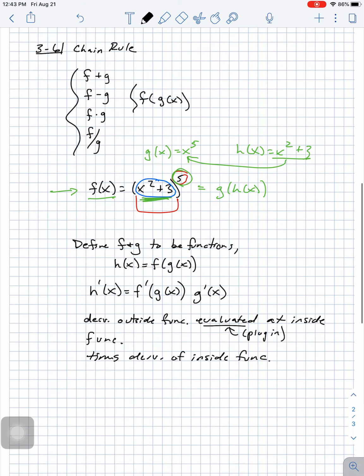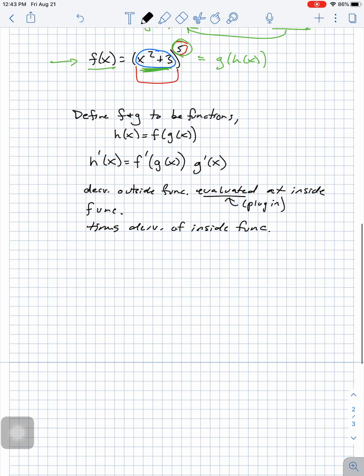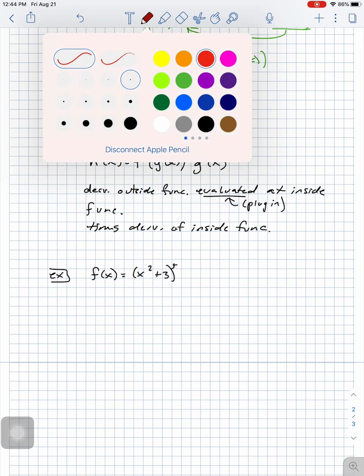Now let's do a problem. Let's take this one that we defined up here. So we'll define this function as x squared plus 3 to the fifth. The way you first do this is you figure out what the inside and outside functions are, and we talked about that at the beginning.